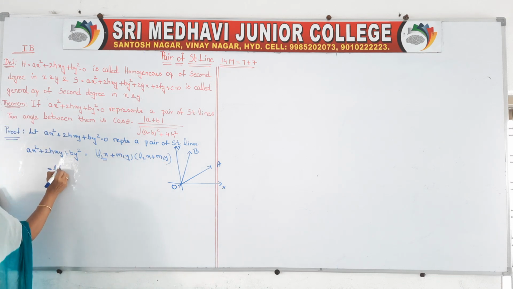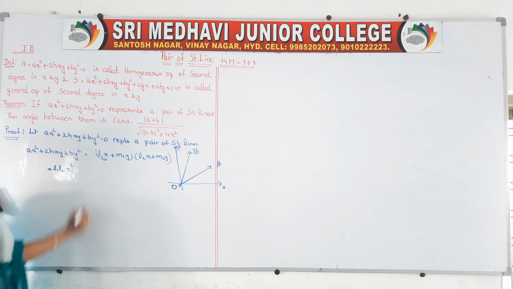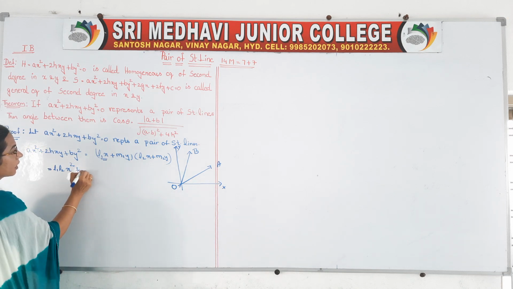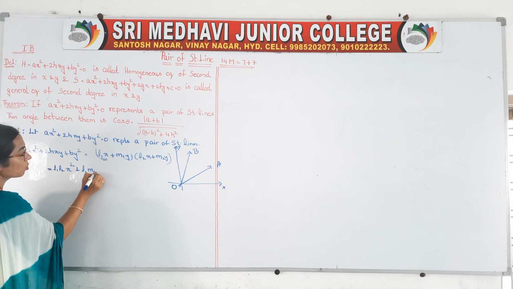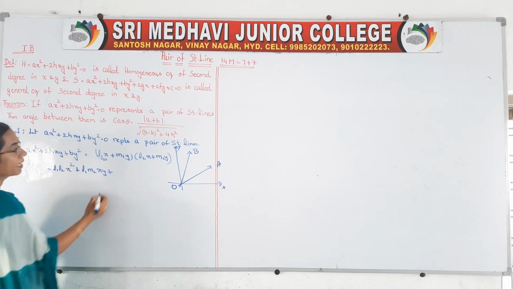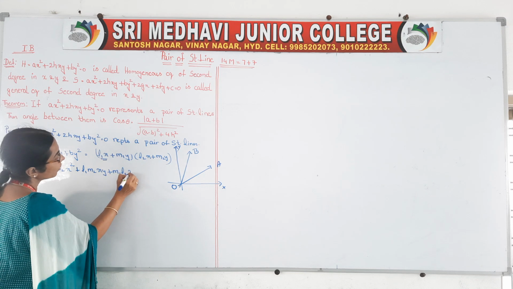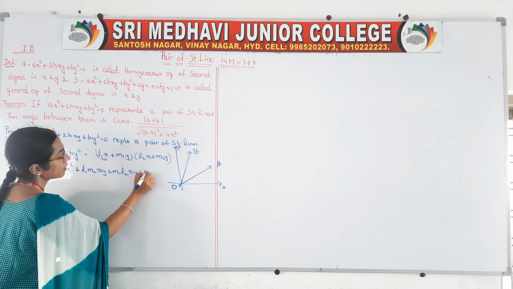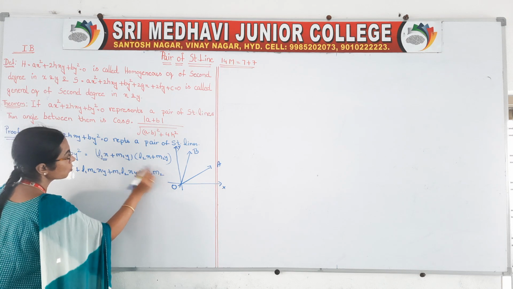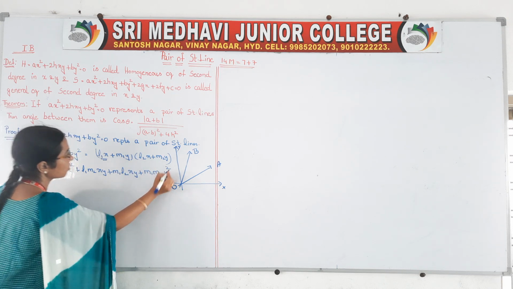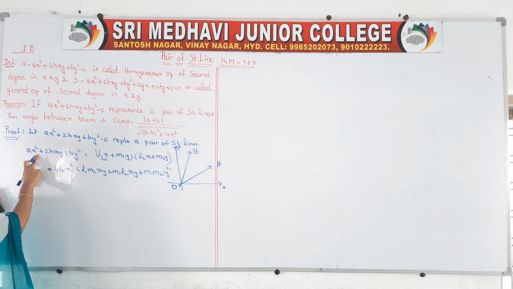So L1 L2 x square plus L1 M2 xy, next M1 L2 xy plus M1 M2 y square. Observe the x square term, xy term, y square term.